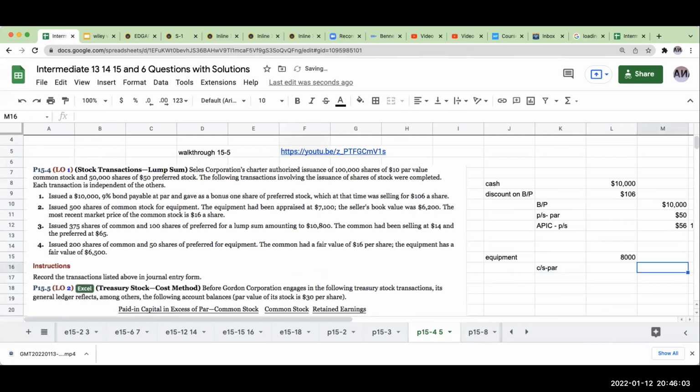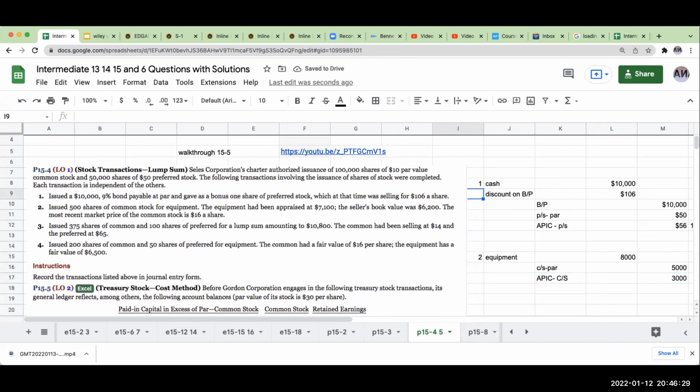Many of you have already seen these videos: you would never, ever have a common stock par value of $10 per share for many different reasons. So this is going to be 500 times 10. Then you would have additional paid in capital common stock for the difference, or 3,000. Okay, so this would be for number 2. This is for number 1.